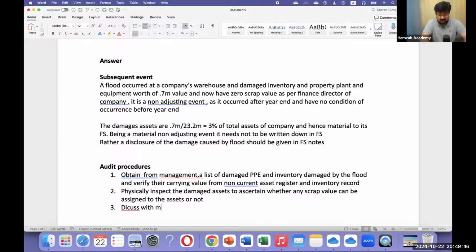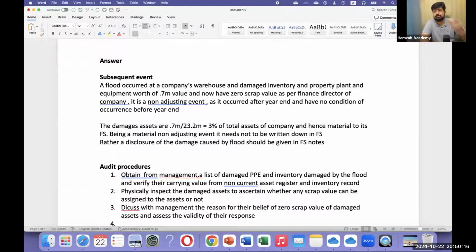Discuss with management the reason for their belief of zero scrap value of damaged assets and assess the validity of their response.